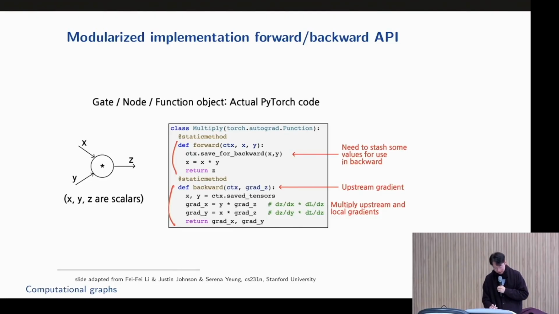Forward pass is given 2 inputs, x and y, and returns z, which is, for this example, multiplying all its inputs. And here, it saves x and y, it caches them so that we can use them during backprop.